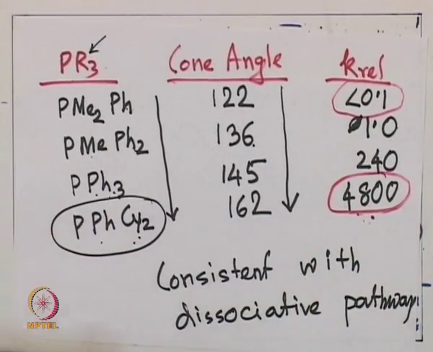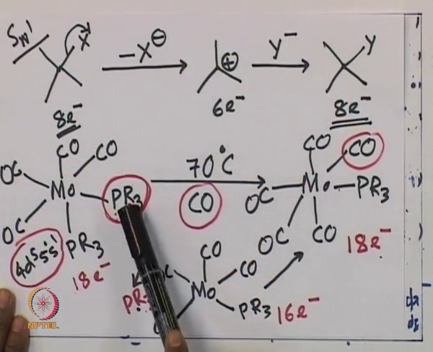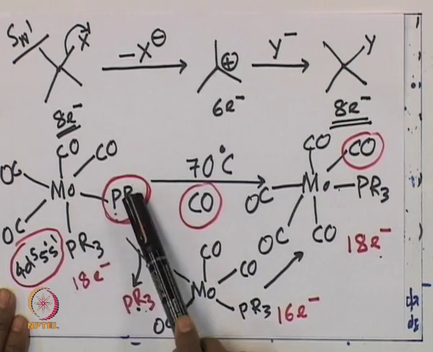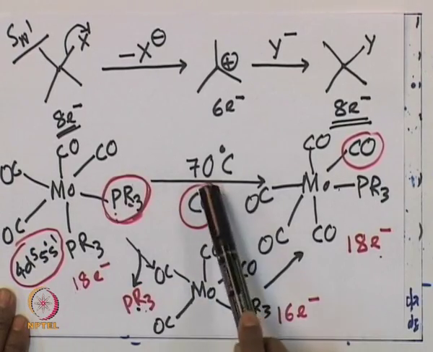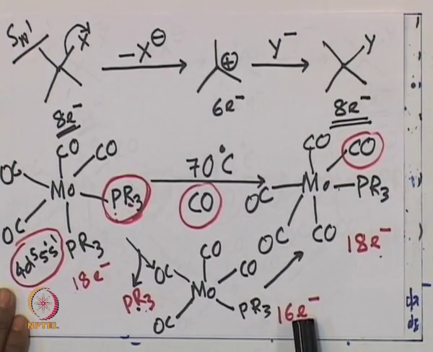So, the reaction that we were discussing earlier, that is your molybdenum complex. In this molybdenum complex, the bigger the PR3, the bigger these R groups are, one of the PR3 will dissociate faster to give you a 16 electron complex.